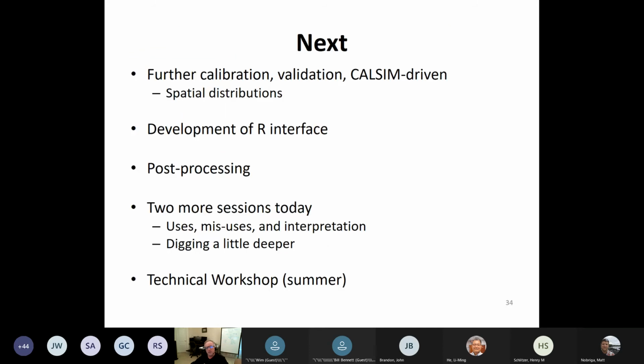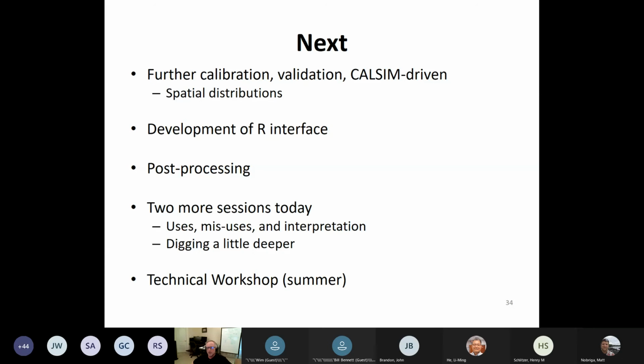So what we're going to do next, there's still more calibration and validation to do, and looking at the calcium. I'm focusing a lot on getting entrainment and some of those things that there's new information on, to make sure the model replays that to a reasonable extent, and also looking a lot at spatial distributions, which we didn't do previously.